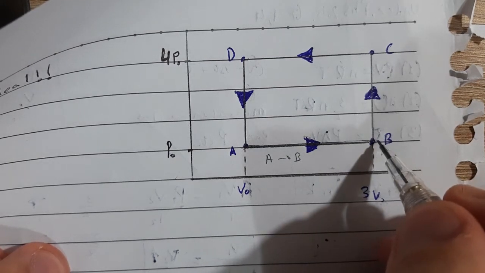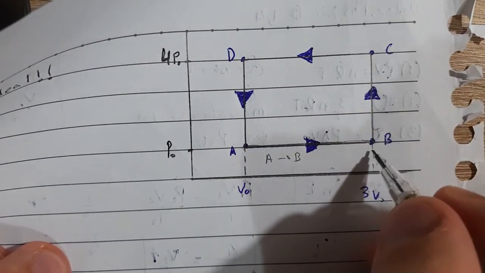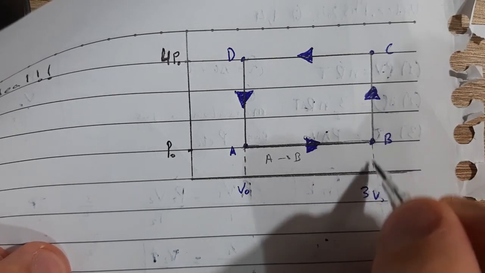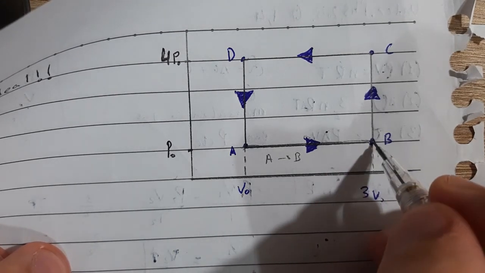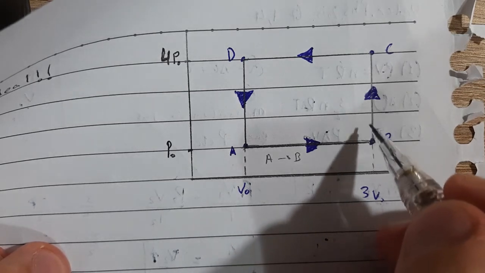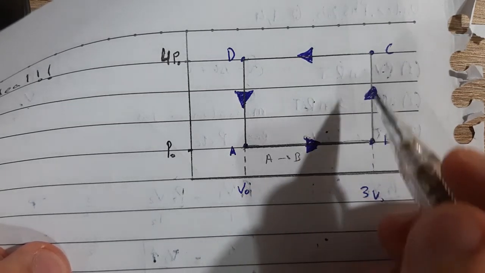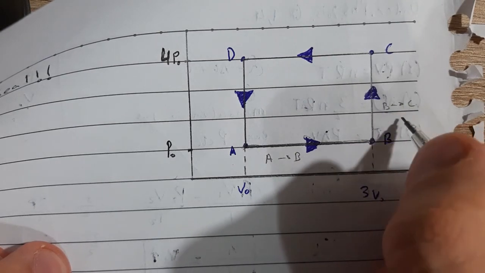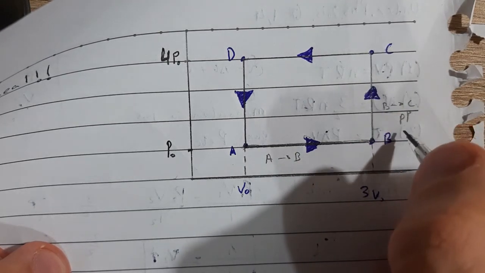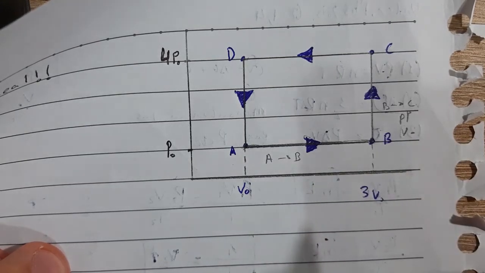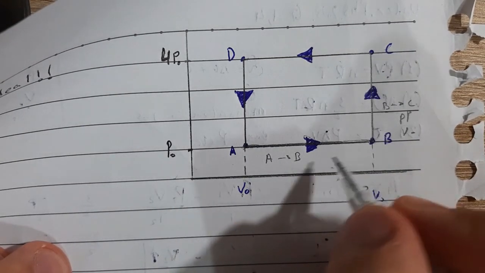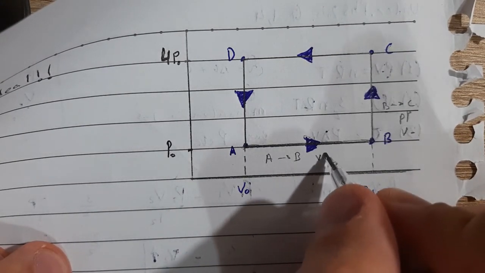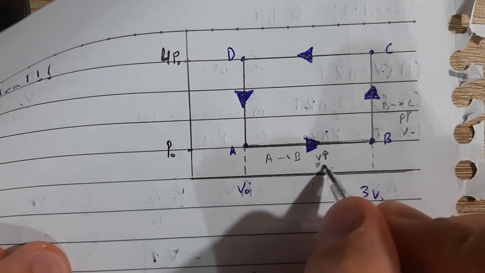Okay, from B to C you have constant volume. You don't change the volume from B to C, but you increase the pressure. From B to C you increase the pressure and the volume is constant. From A to B you increase the volume and the pressure is constant.